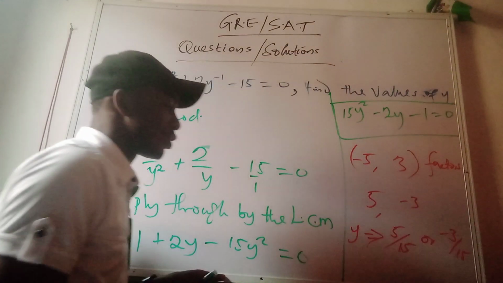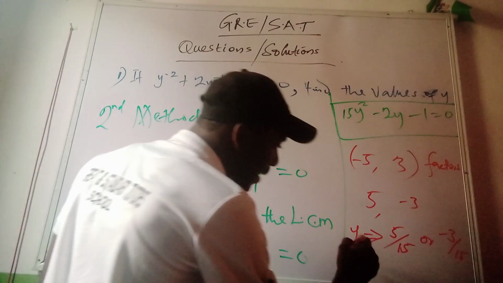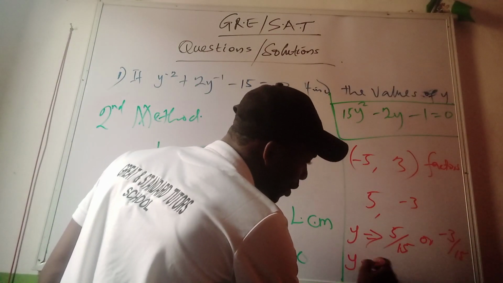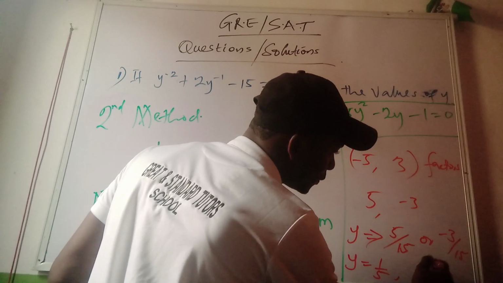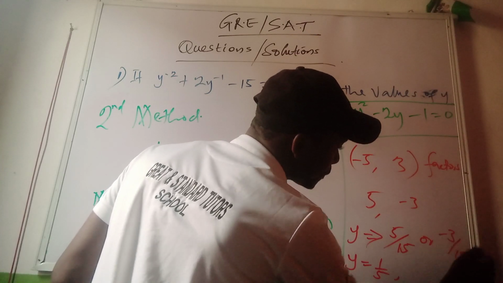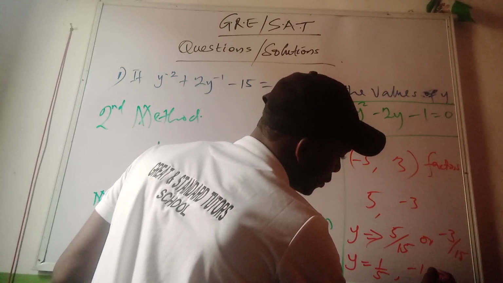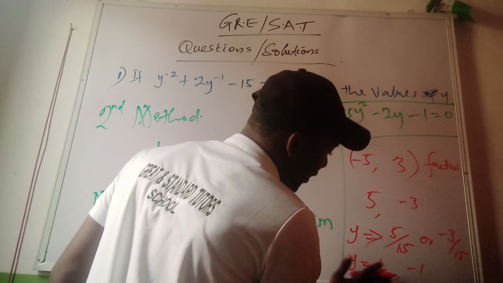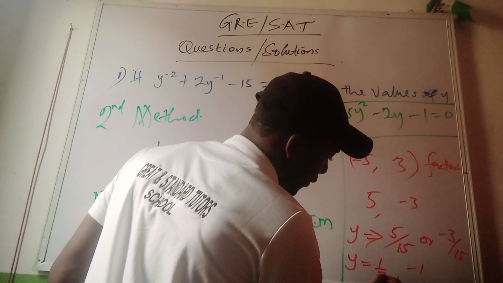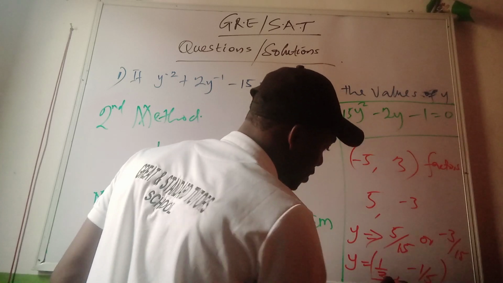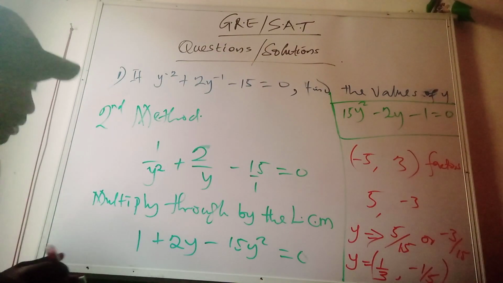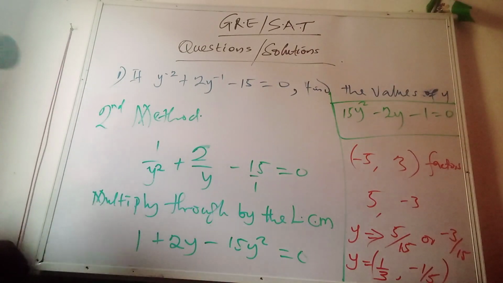These are the values of y. Thereby we can say y is equal to 1 over 3, comma, minus 1 over 5. You can see that it gives us what we have using the other method.